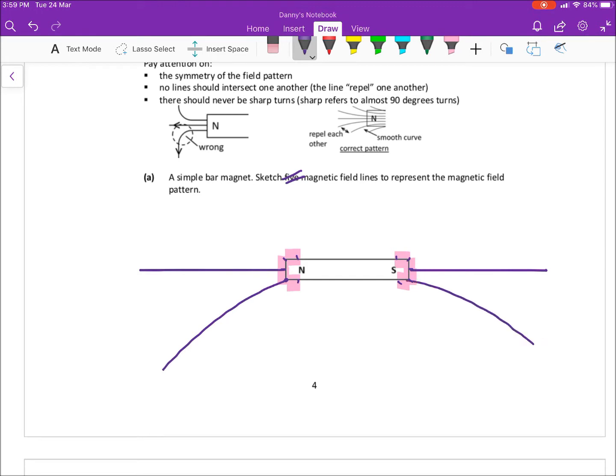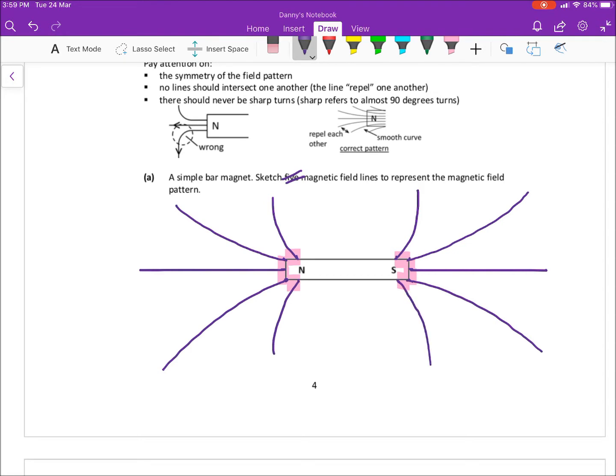I'm drawing freehand, so you can do it with practice. No need to focus so much on the loop. You can do the loop if there's space, but if there's no space, then forget it.